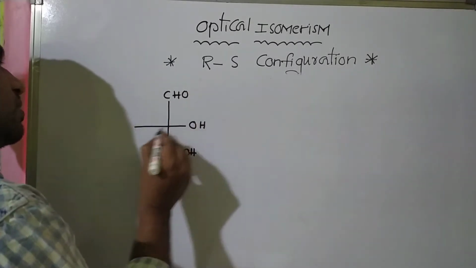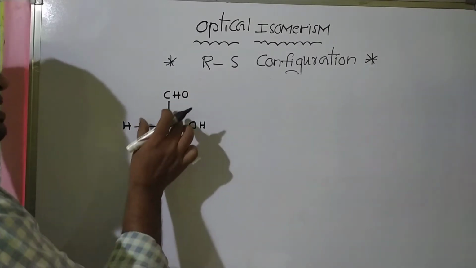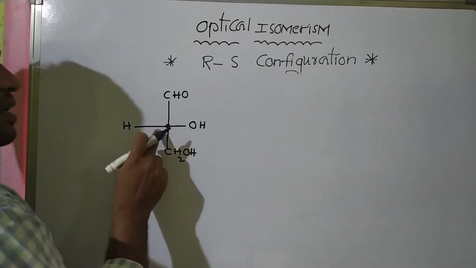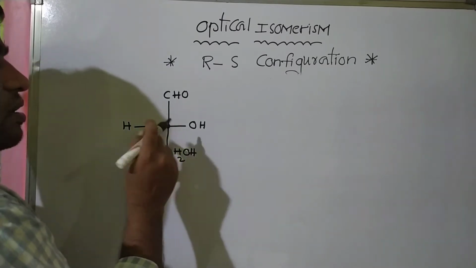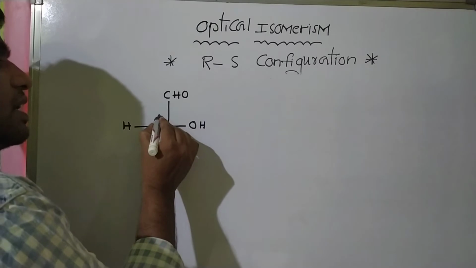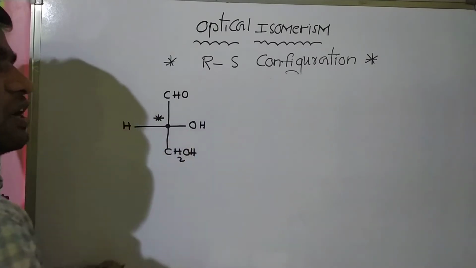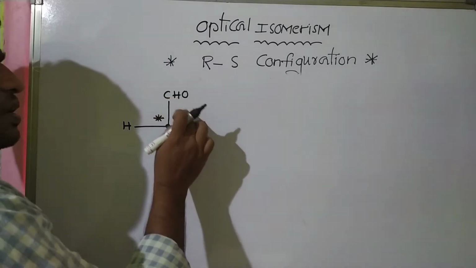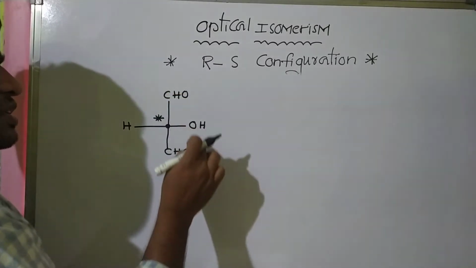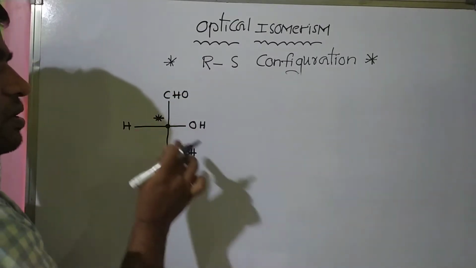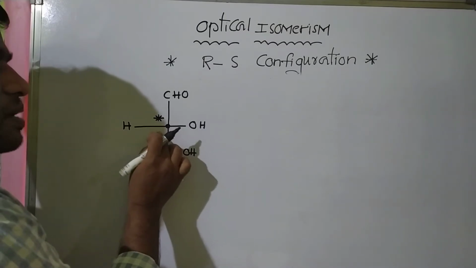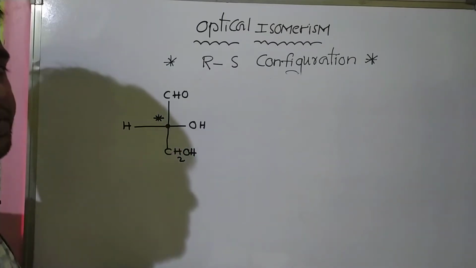Here OH. Here H. Is this a chiral carbon or not? Generally in chemistry, the chiral carbon is represented by a star. So 1, 2, 3, 4, all these 4 groups are different. So this carbon atom is chiral carbon and sp3 hybridized.